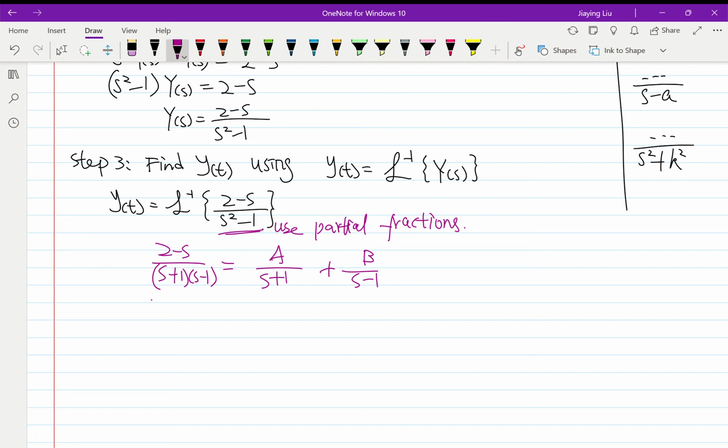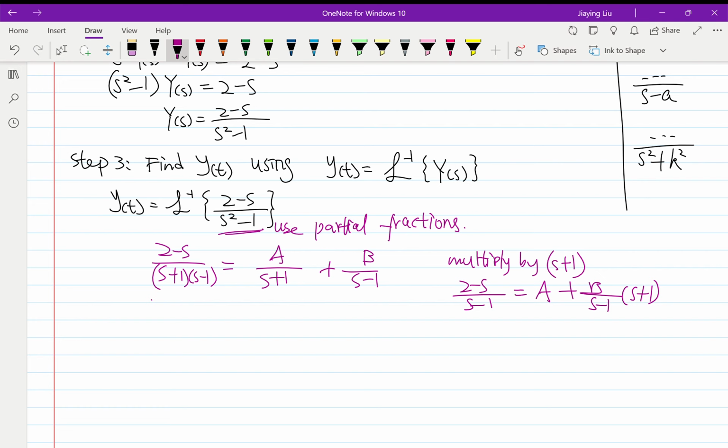So multiply by s plus 1 first to the equation. So I get 2 minus s over s minus 1 equals a plus b over s minus 1, times s plus 1.